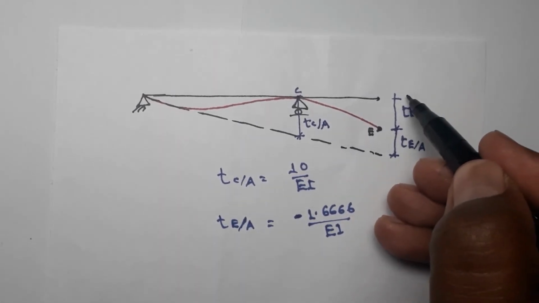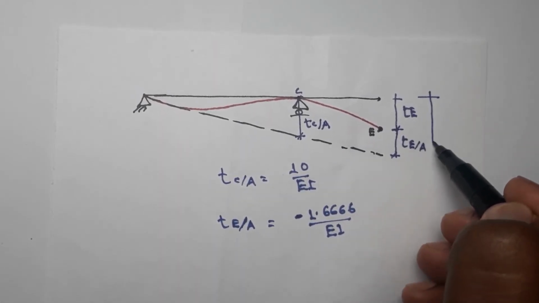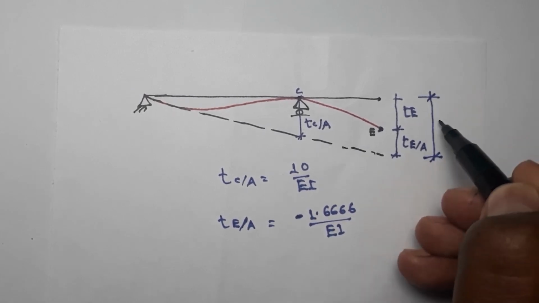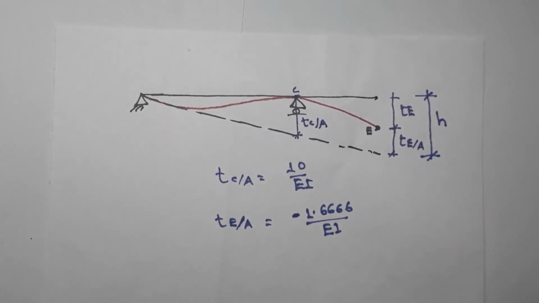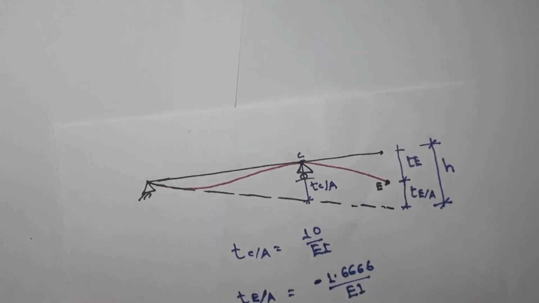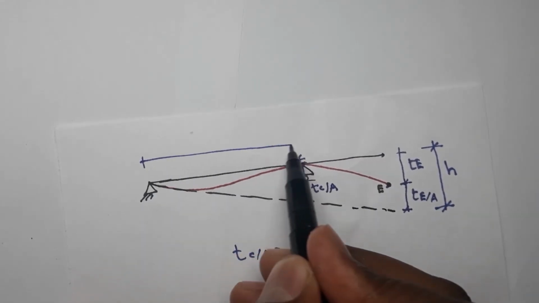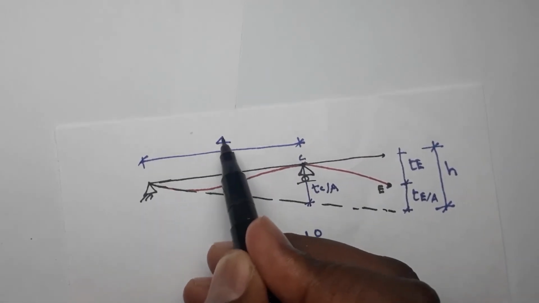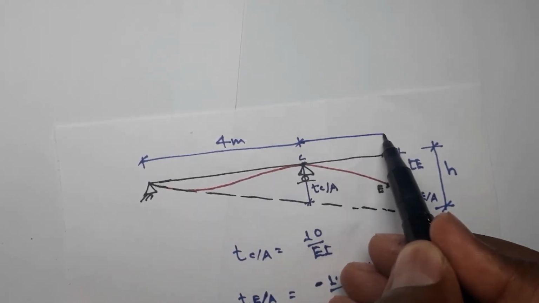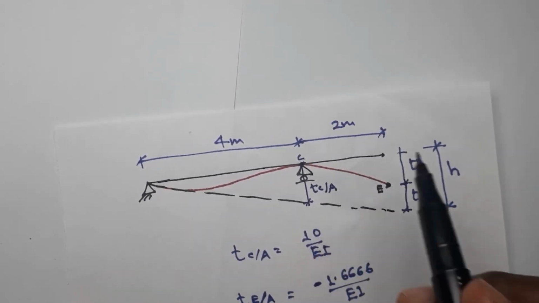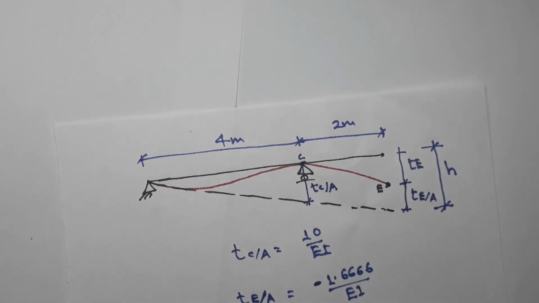Now you have the total distance from here up to here. Let's call it h. So by similarity of triangles, the distance from here up to here is known to be 4 meters, and from here up to here it is 2 meters. So the total distance is 6 meters.